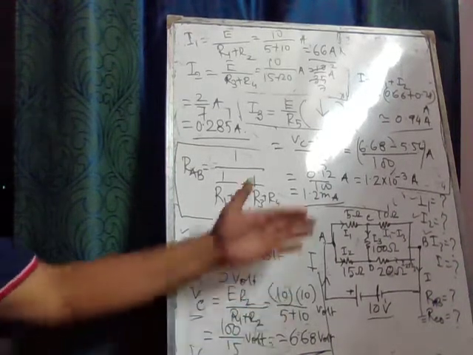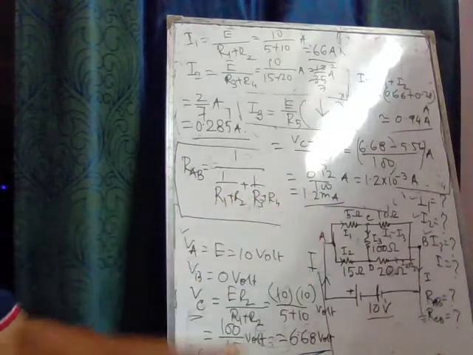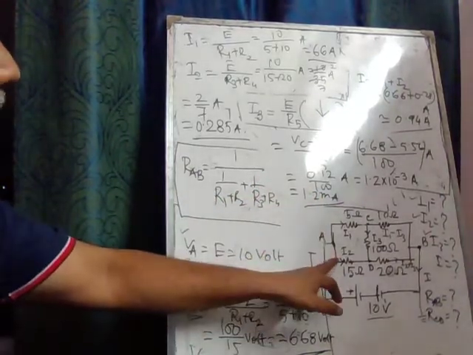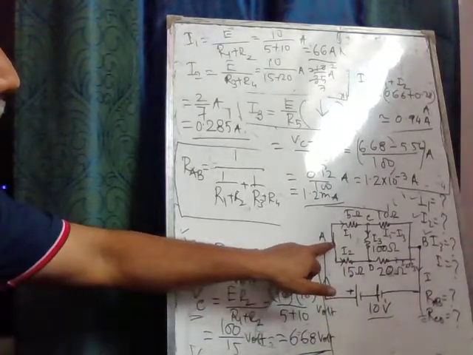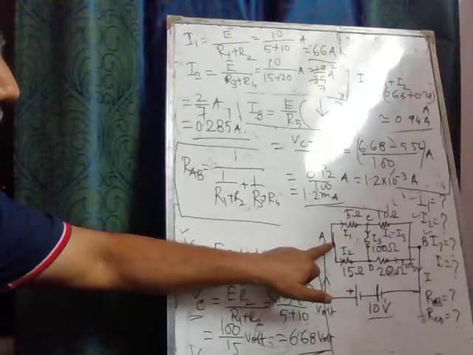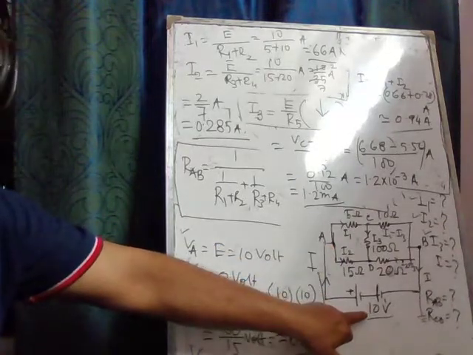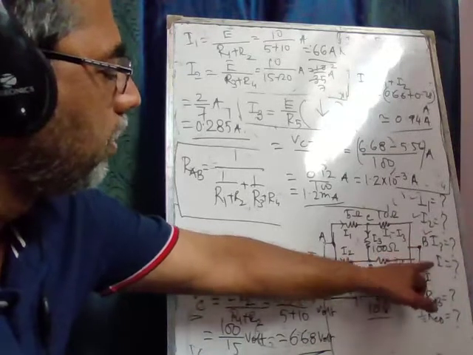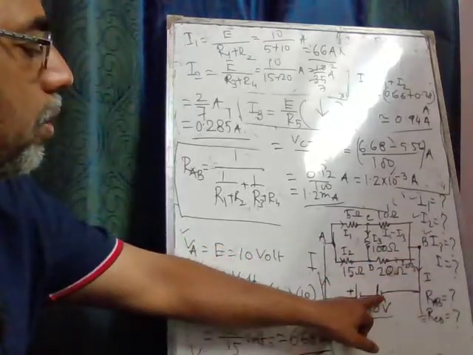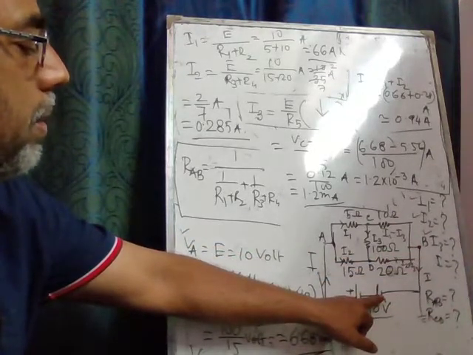Clear? We are given a 4 resistance circuit as shown in this diagram. We step by step calculate the potential at the point A, which is nothing but the EMF of the cell, 10 volt. Potential at the point B, which is taken as the ground, is 0.